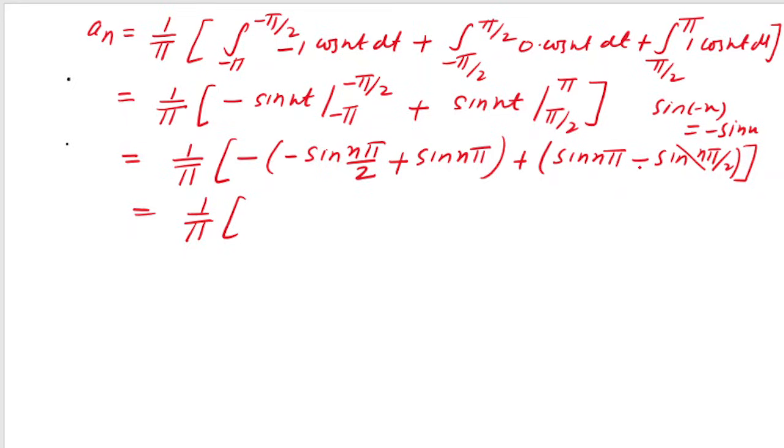I hope you got this is a minus sign here, and this minus will become plus, so this term will cancel, and here you will get minus sine n pi, and here you will get plus sine n pi, right? So this term will also be cancelled, so I will get 0, so I get 1 by pi into 0, so that is equal to 0. So good, I have got the Fourier coefficient an also equal to 0. A naught also I have got 0.